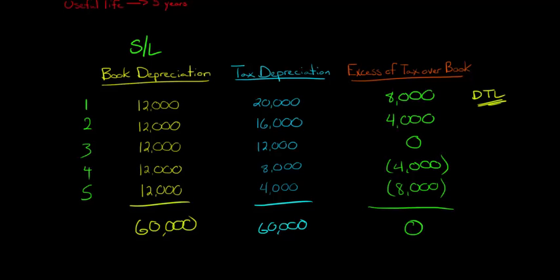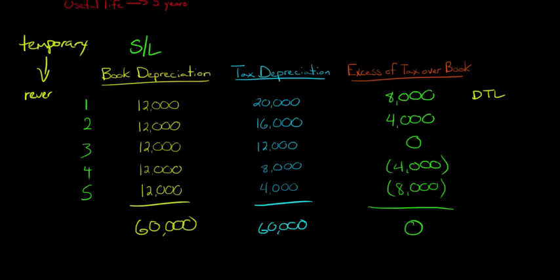And we'll talk about deferred tax liabilities and deferred tax assets in a future video. But I just want to share with you now that this 8,000 and this 4,000, those differences later reverse. So it's simply a timing thing. In each case, whether it's tax or book, we end up taking a total of $60,000 in deductions. And so that is a temporary tax difference because it reverses.